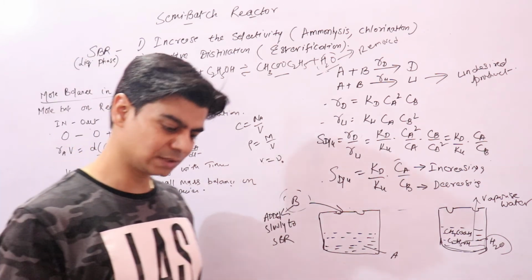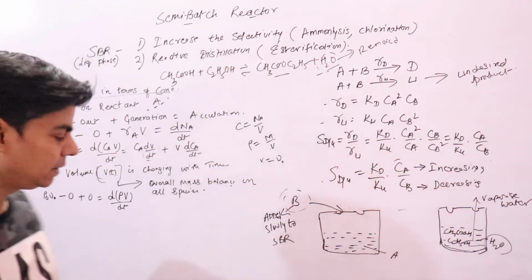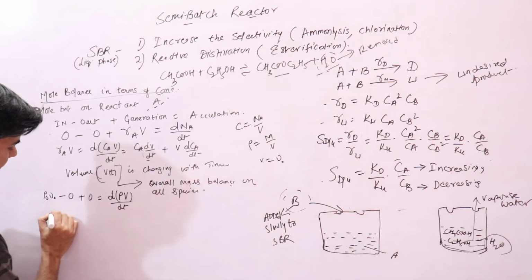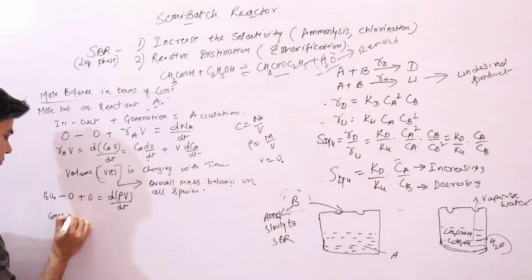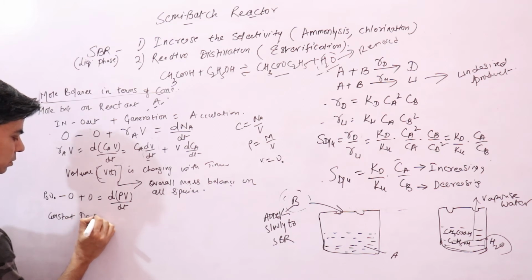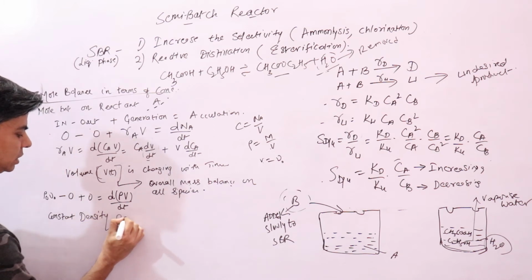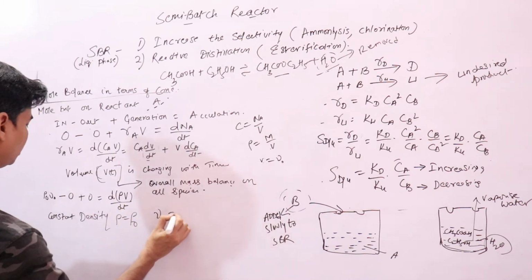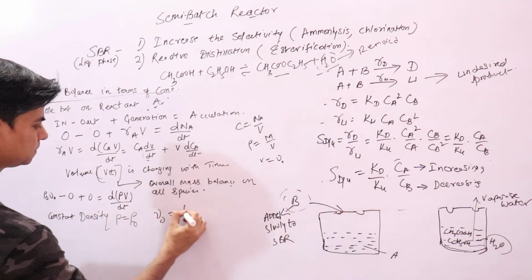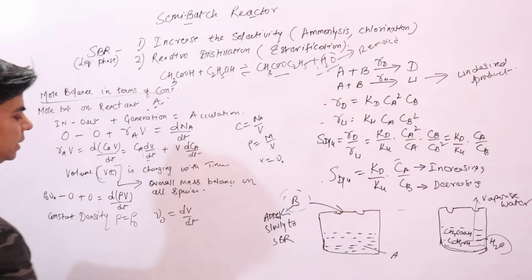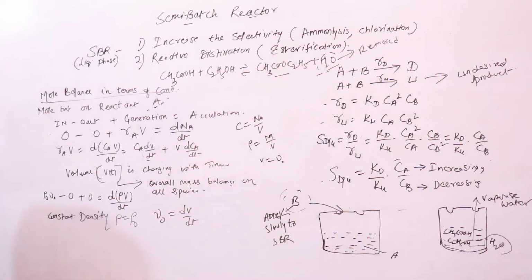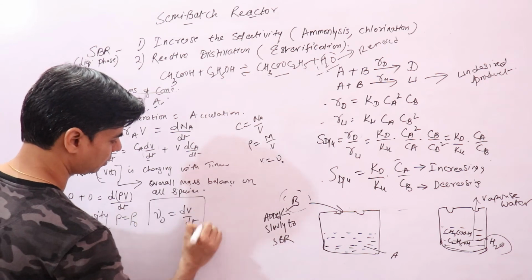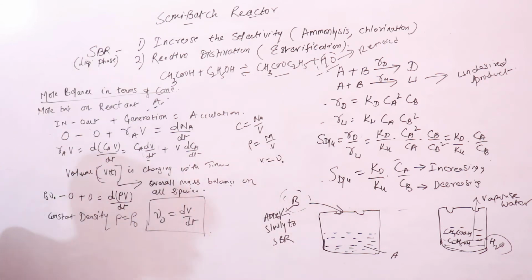Now for systems that have constant density, meaning rho is equal to rho 0, your nu 0 would be equal to dV/dt, right? This is the value of your volumetric flow rate, right?